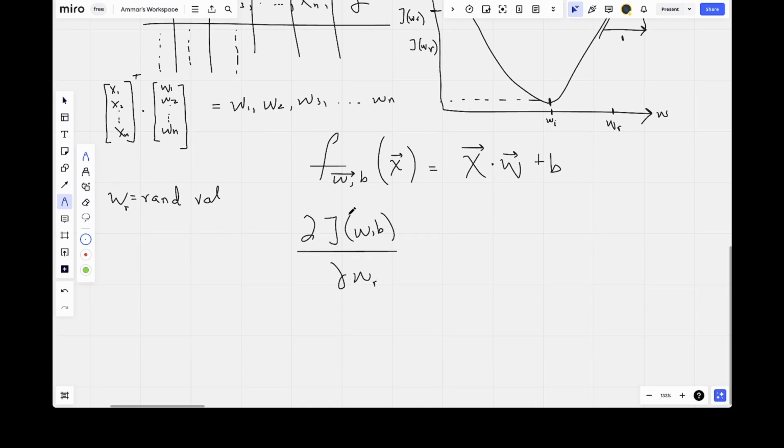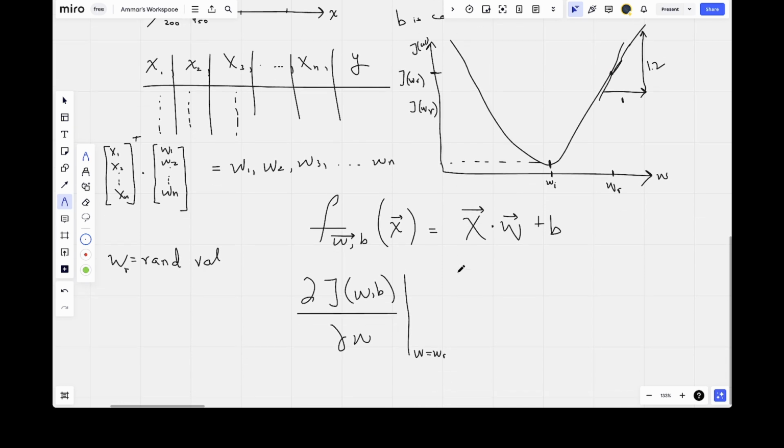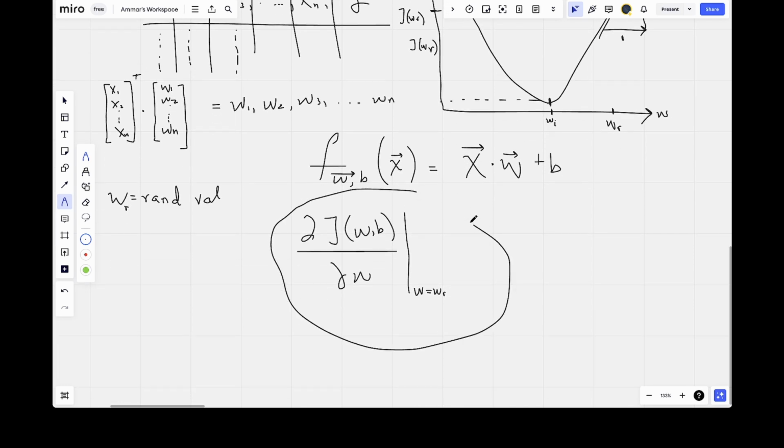This is not the right notation here. Maybe I should say you first compute the derivative with respect to w and then evaluate it at wr, right? So this whole thing right here is equal to 1.2.